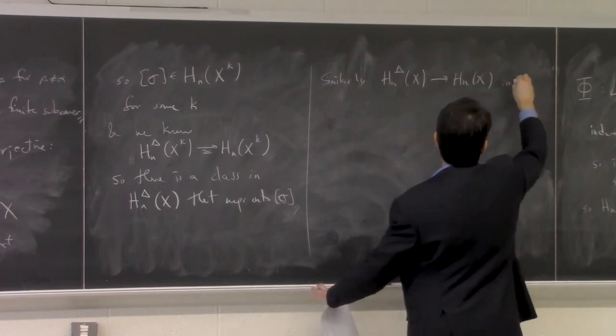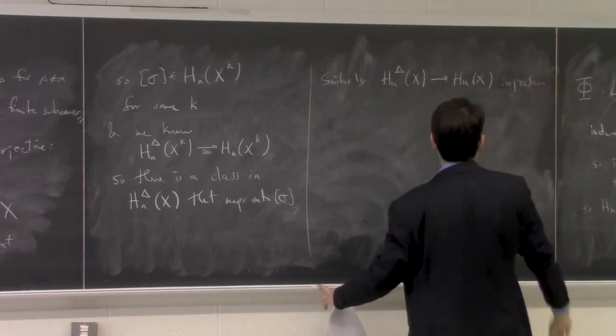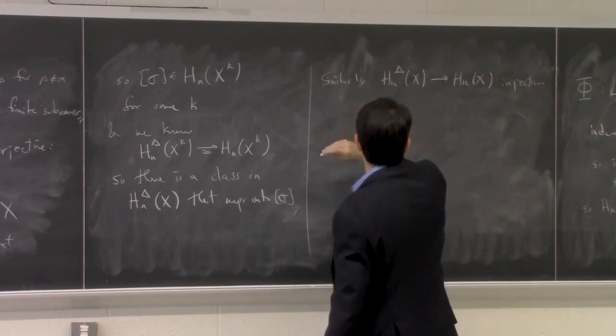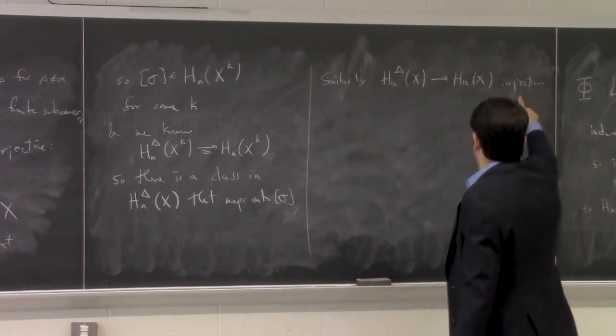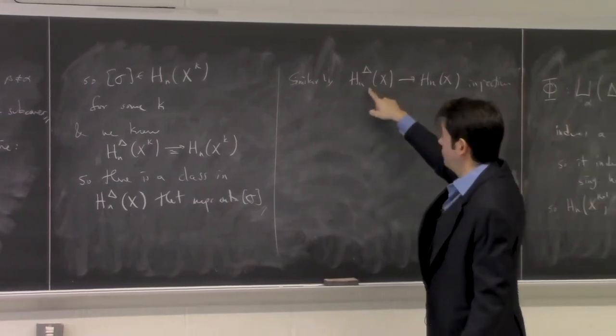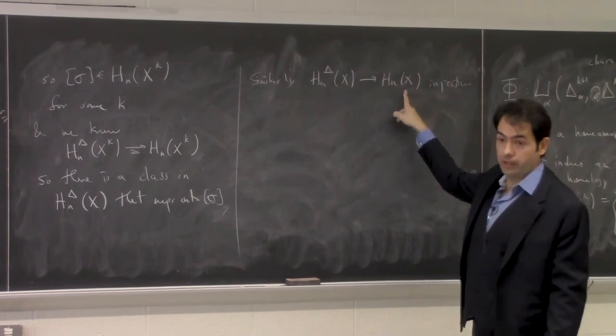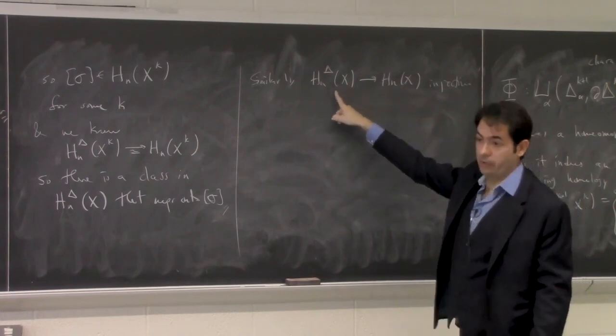Similarly, this is injective. For this to fail to be injective, you have some class in here, and when you map it over here, it's a boundary, and you want to know that you started out with a boundary.